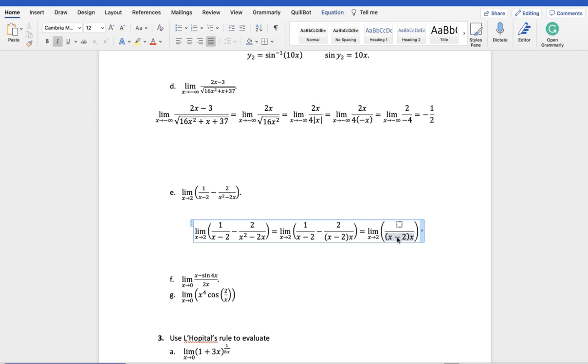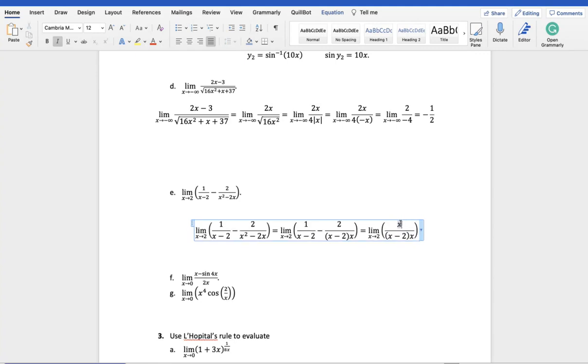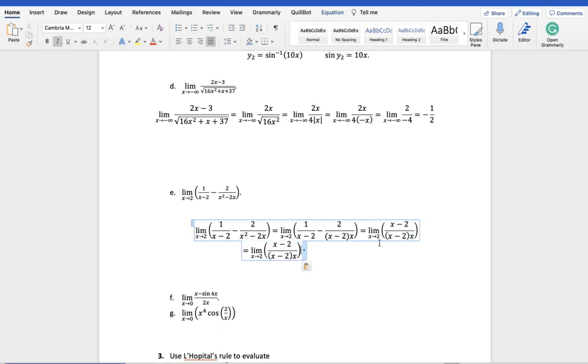So then, in the numerator, for the first fraction, you'll have x. So x minus 2 times x divided by x minus 2 will just give you x minus 2, minus just 2. Then, when you simplify further, you can see that x minus 2 is common again between the numerator and denominator.